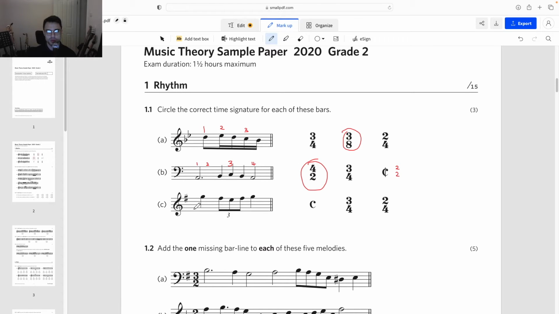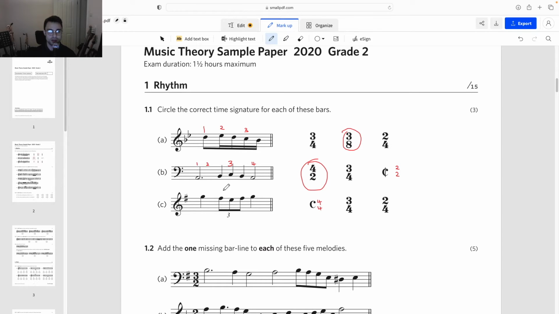Alright, question C. What have we got as an option here? Common time, so that's also known as 4-4. And then 3-4 and 2-4. Alright, so I'm looking at it and I can see that there's already a good chance this is 3-4. Because we've got a triplet here, and triplets fit into 1 beat.